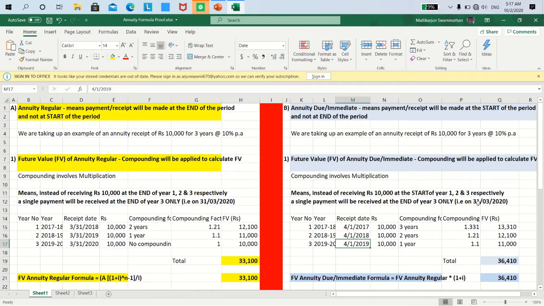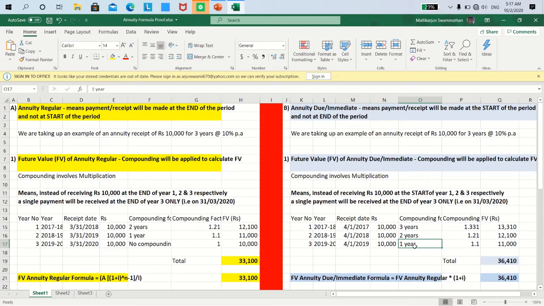The last date of the contract is 31st of March 2020, highlighted in row 12, columns P and Q. So with respect to the first installment, he is granted 3 more years. With respect to the second installment, he is granted 2 more years. And with respect to the last installment, he is granted 1 year, highlighted in column O, rows 15, 16, 17.